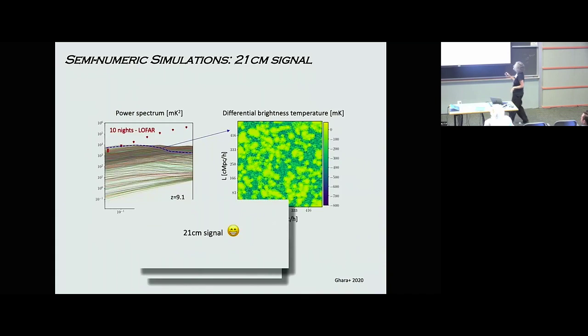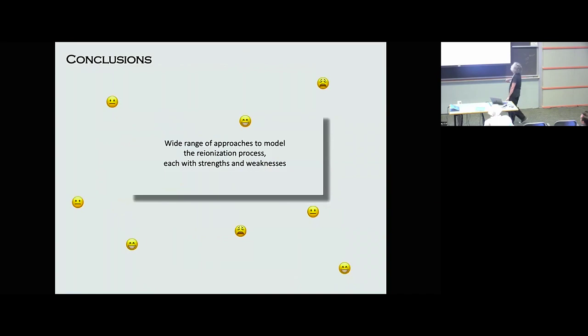So this is the sort of approach that is most useful for application to the 21 centimeter signal. Although they can also be used to compare to large surveys, keeping in mind again that galactic properties in this case are not as well reproduced as by, for example, radiation hydrodynamic simulations.